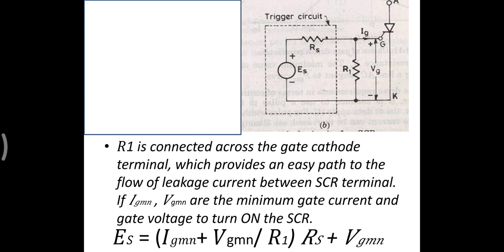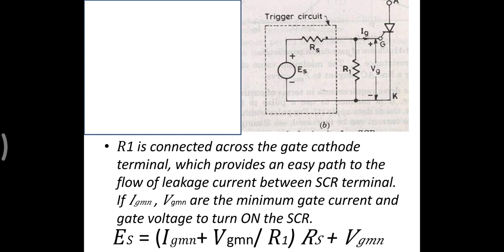The problem here is leakage current. Because of the leakage currents, even though we apply the same voltage, the two parallel connected SCRs show different VI characteristics. This leakage current can be overcome by using a shunt resistor R1 connected across the gate cathode terminal. By using this R1 resistor, the leakage current will flow easily.